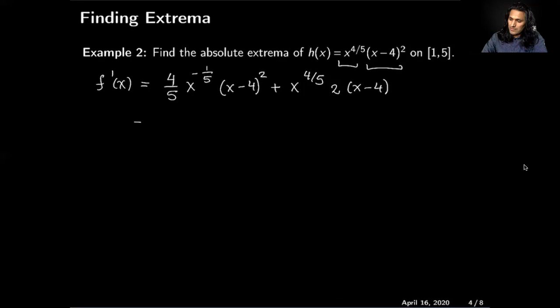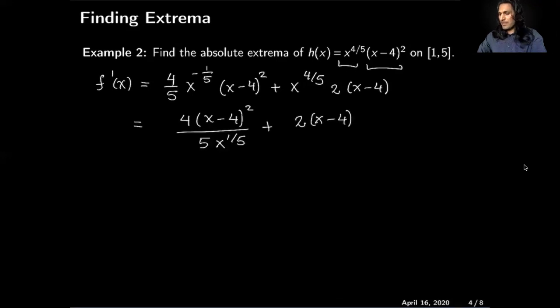Now if I simplify this expression, it is going to be 4(x minus 4) squared divided by 5x to the power 1/5. And this term is simply 2(x minus 4) x to the power 4/5.